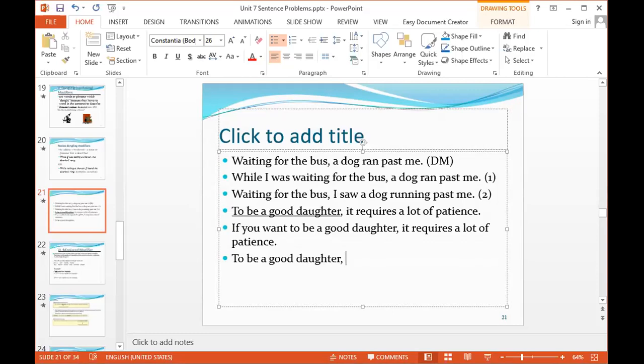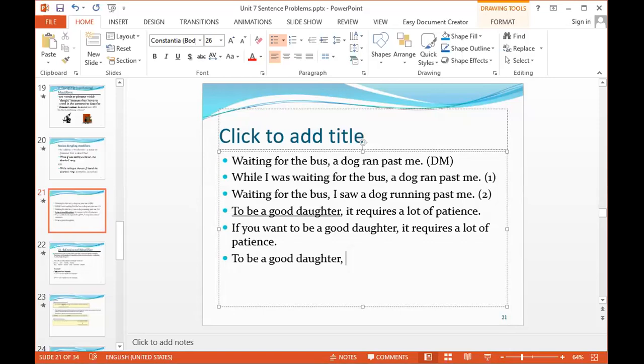Change it to make it complete and modify the right subject. No, it requires a lot of patience, right? So it is wrong. So how do you change it to modify the right subject?